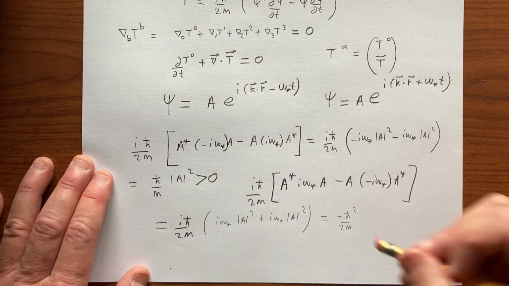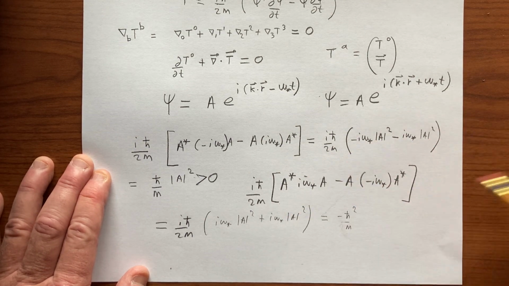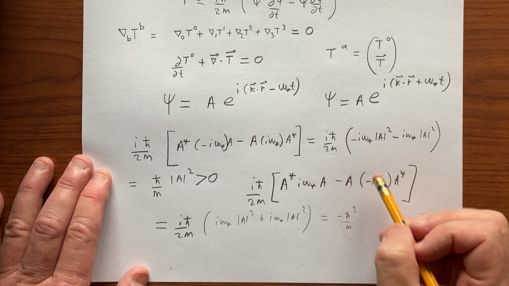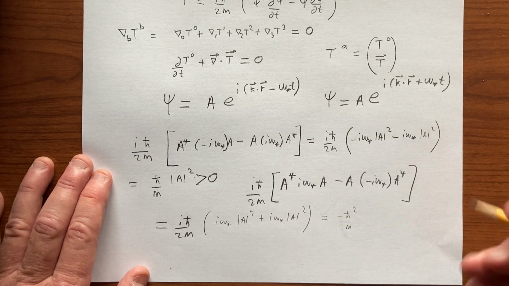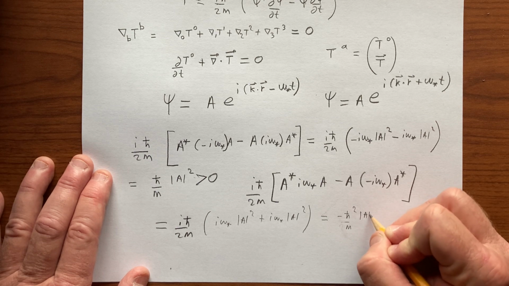Sorry, there's no 2 there. Plus and plus, that's 2. Then we get rid of the factor of 2. So minus h bar over m, modulus A squared.